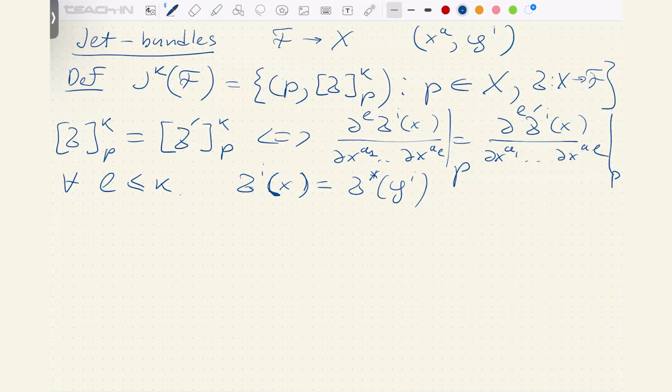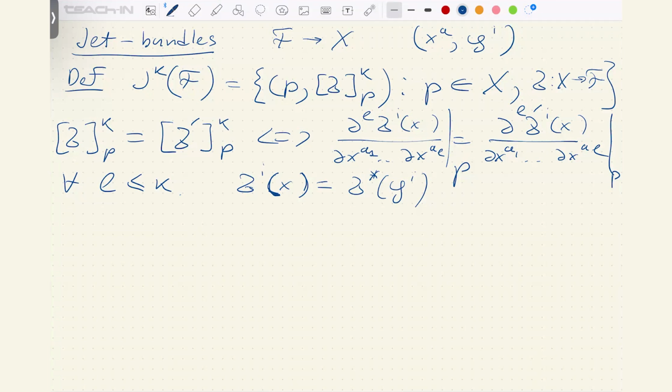It's easy to see what the coordinates on the fiber are. If we pick local coordinates on F, adapted local coordinates, where we have a split into fiber coordinates and base space coordinates. Fiber coordinates, of course, are not a very invariant notion. You can always adjust them by changing them in an x-dependent way. But suppose we picked a certain coordinate system x and phi, and then we see that this equivalence class is just parameterized by the values of these derivatives.